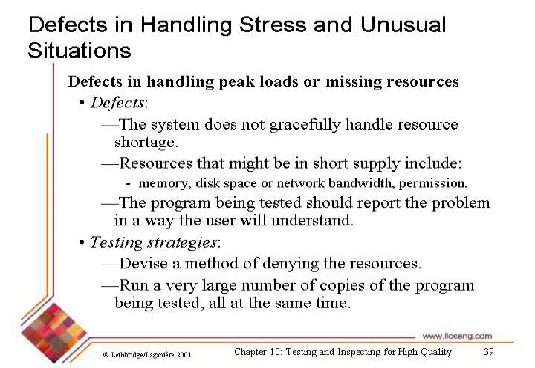So, second category of stress in unusual situations. The third one is related to the first. The first one we talked about was throughput and response time. Okay? The next one is handling peak loads, or missing resources.